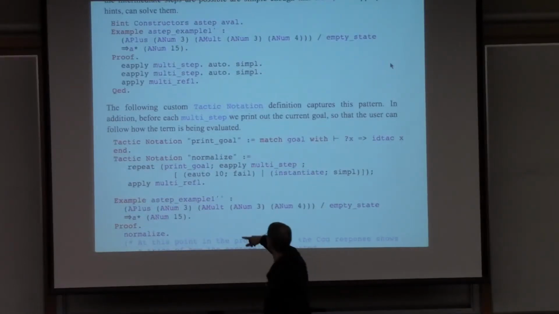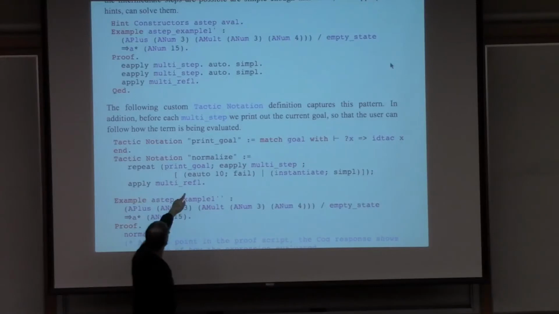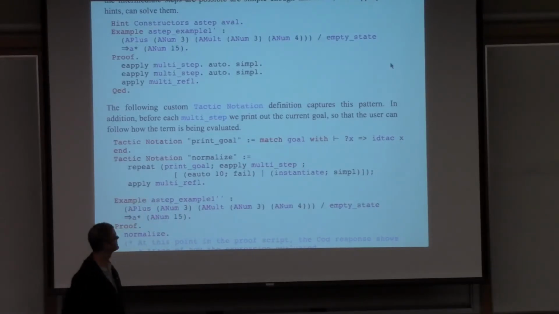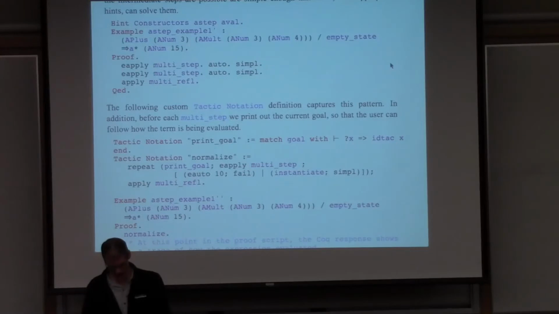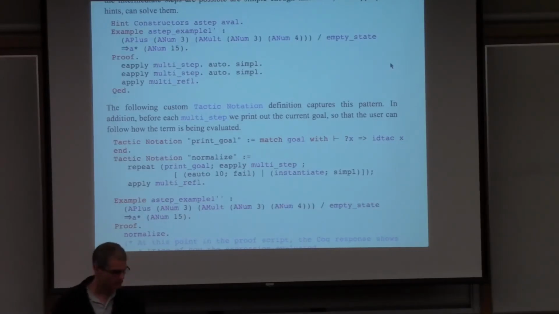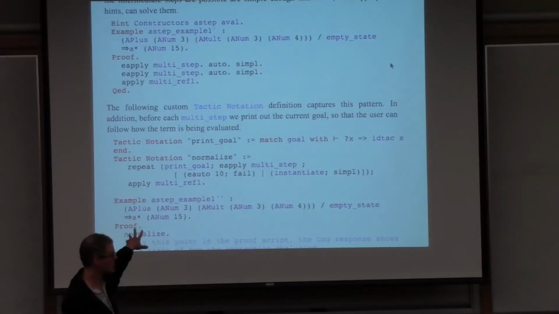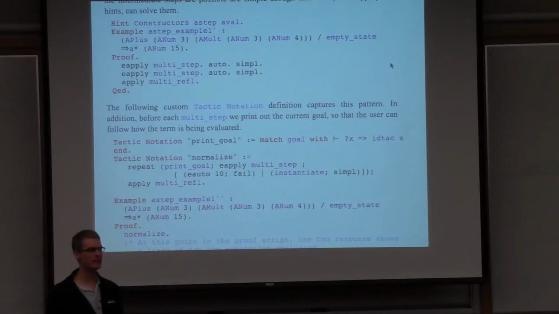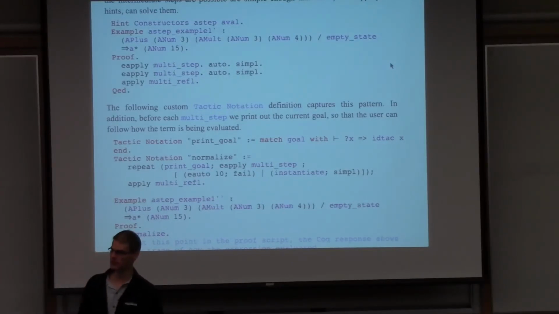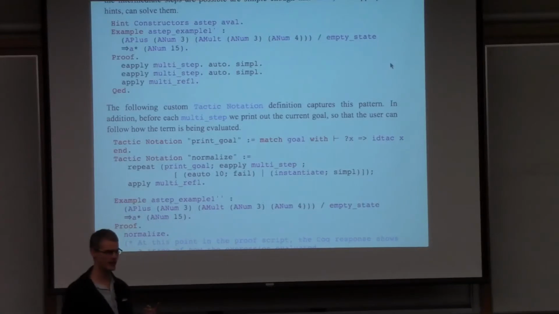Here's the definition of normalize, by the way. It's a few lines of tactic notation script. And a general comment about hacking in the tactic language is as you begin to be more expert Coq users, you will certainly feel yourself drawn to doing this kind of hacking. At the beginning, try not to go nuts with it for two reasons. One, because it's easy to get lost in it and stop understanding what your proofs are about.